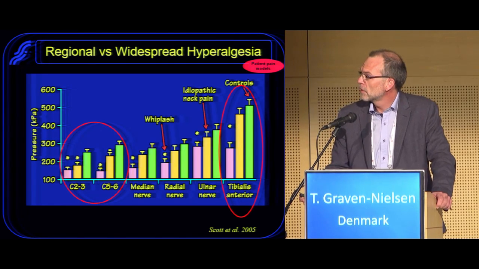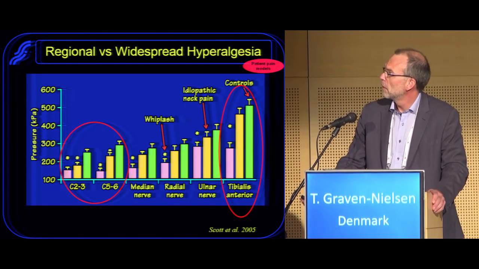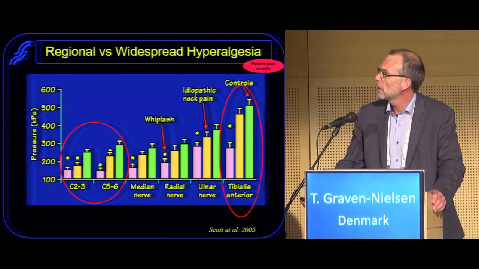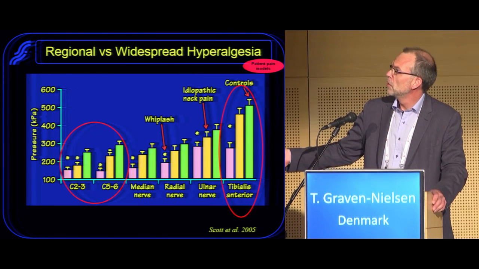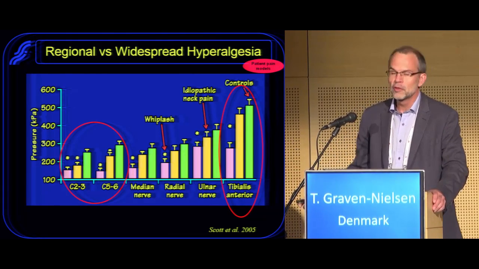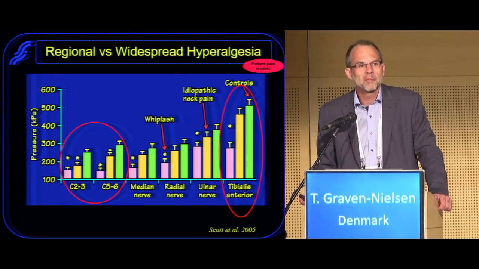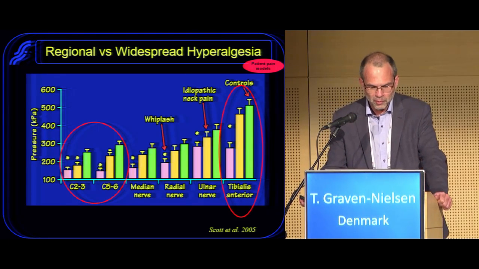And here you see an example from a study where they have looked at different types of neck pain, either whiplash or idiopathic neck pain, or controls, and I'm sure you will see more of this category of studies later on when Michel Stalling will present.